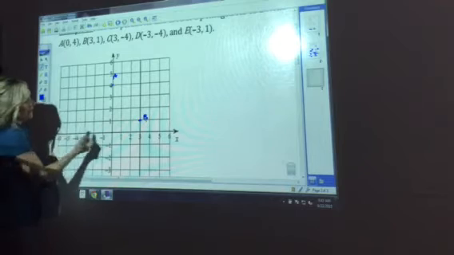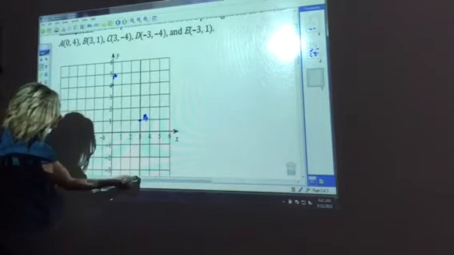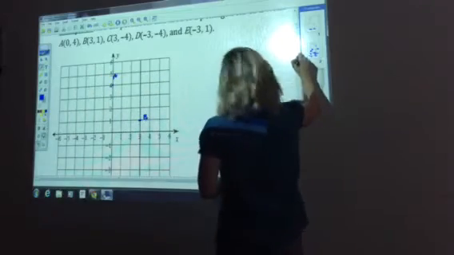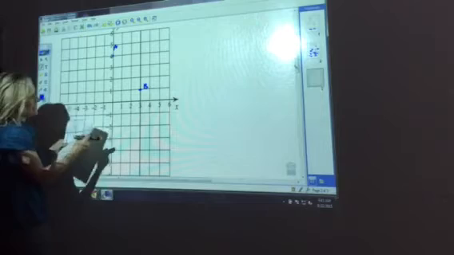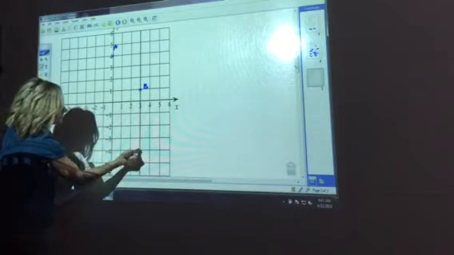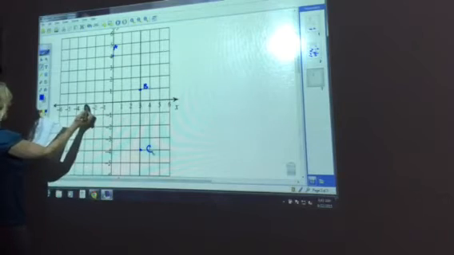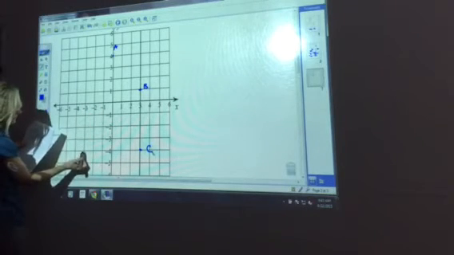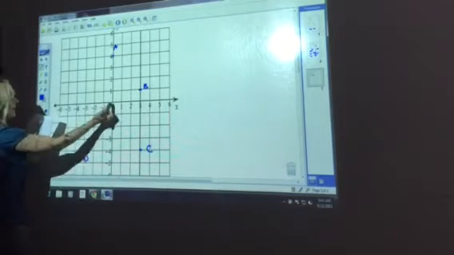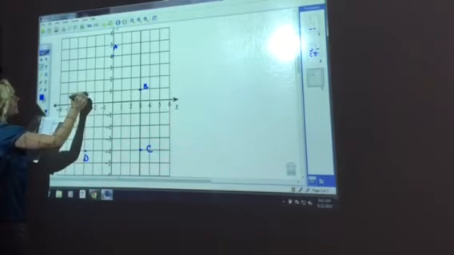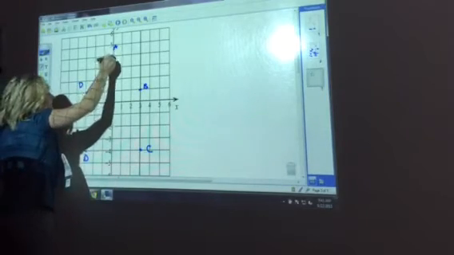C is located at 3, -4. D is located at -3, -4. And E is located at -3, 1. So you've got this pentagon right here.